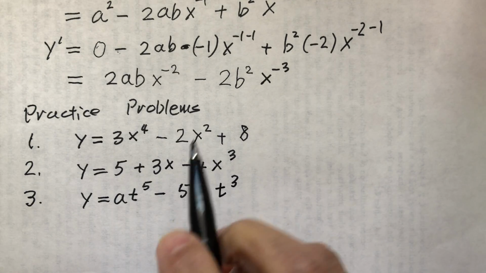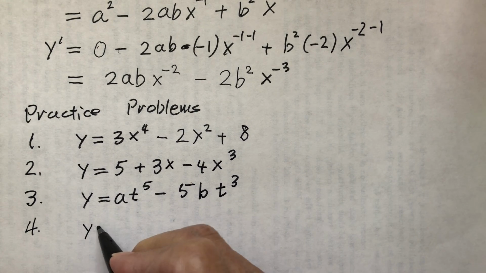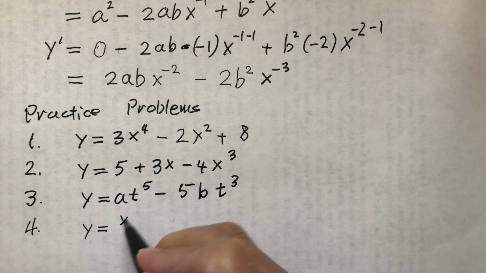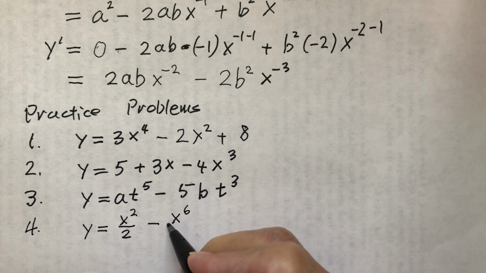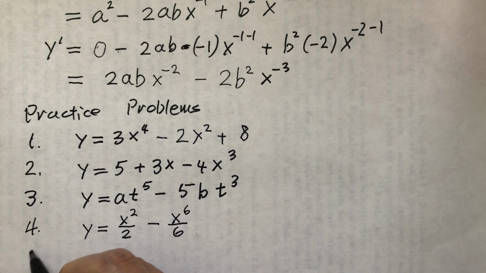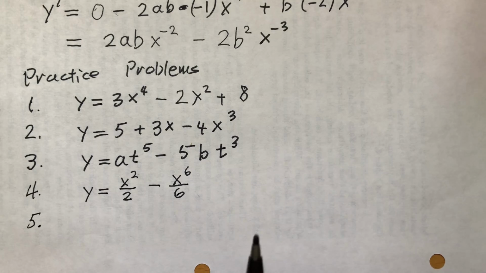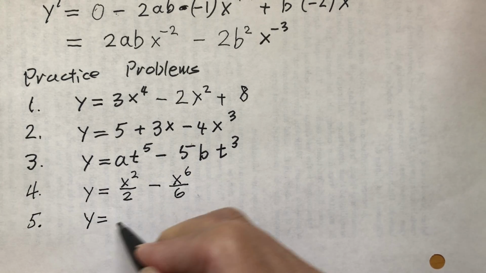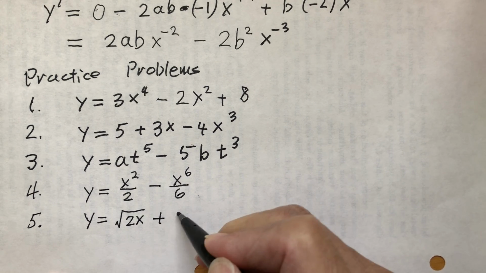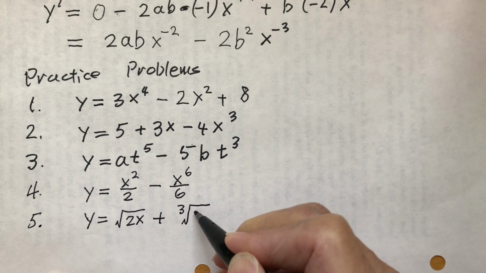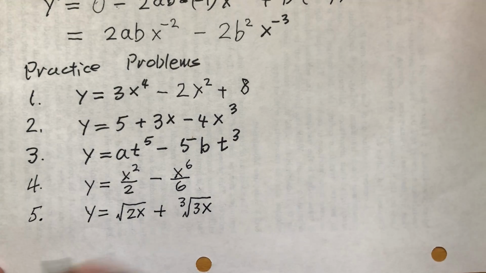Okay. Then number 4. One more, 5. I have space for one more, 6.